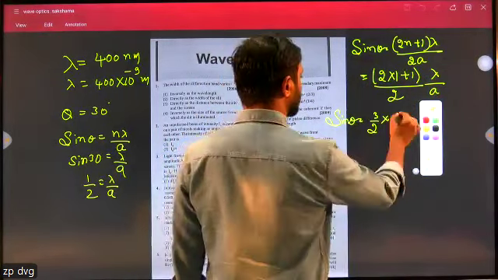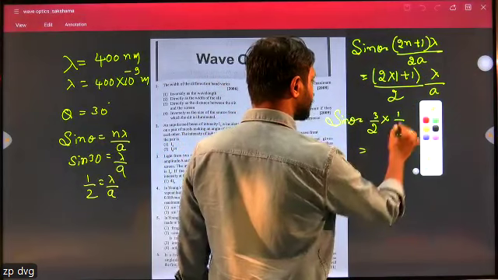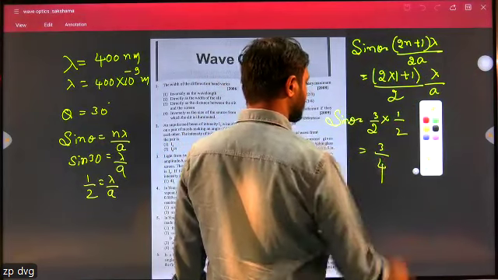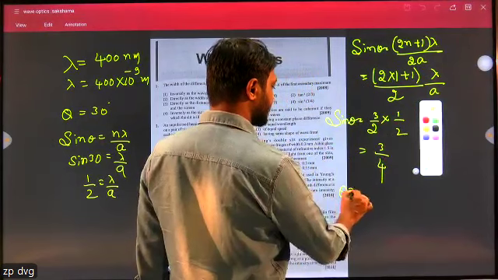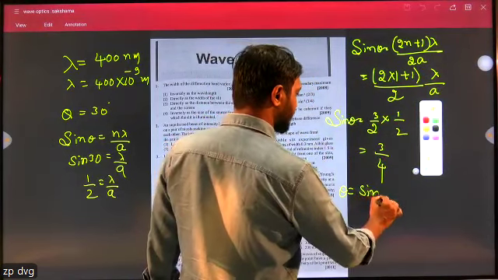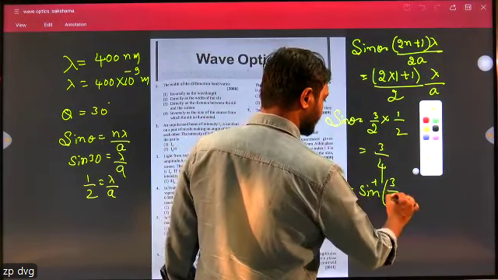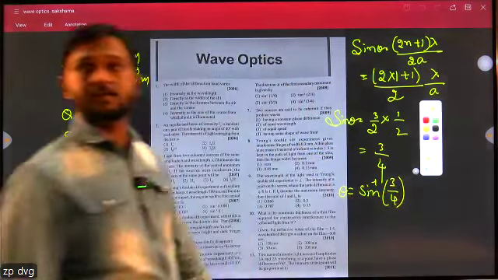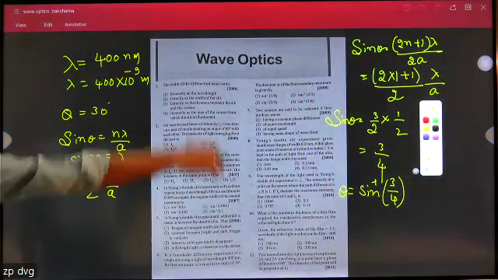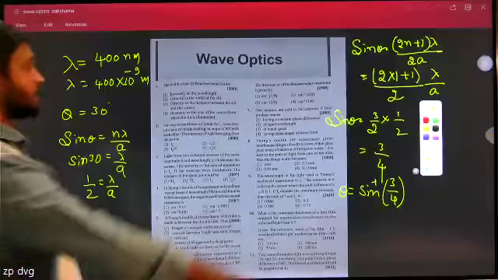Lambda by a is nothing but 1 by 2. 3 ones are 3 divided by 2 twos are 4. That is theta equals sin inverse of 3 by 4. So now the answer is option 4.